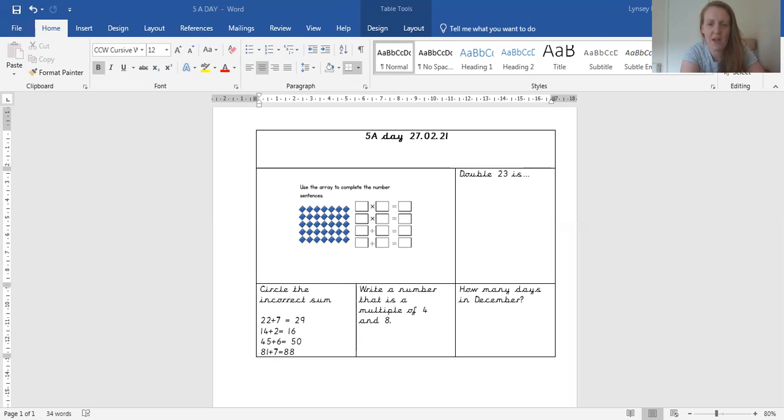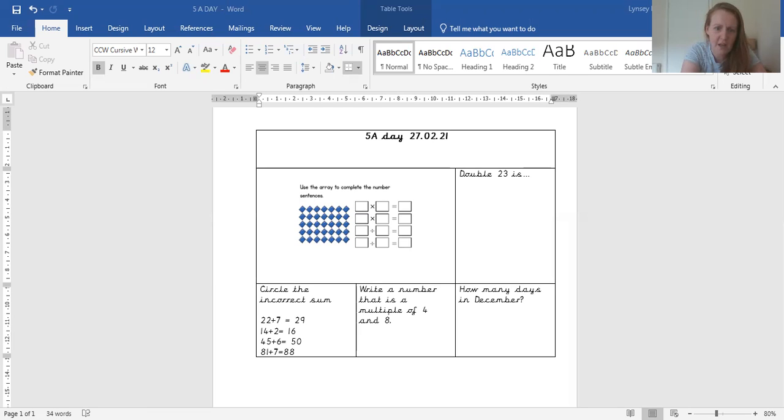Our arrays is a way of showing our multiplication via picture. I just want to change the thickness of my pen because it's quite thick. There we go. So in here, use the array to complete the number sentences. So I've got 1, 2, 3, 4, 5 that way. 1, 2, 3, 4, 5, 6, 7 that way. Okay.